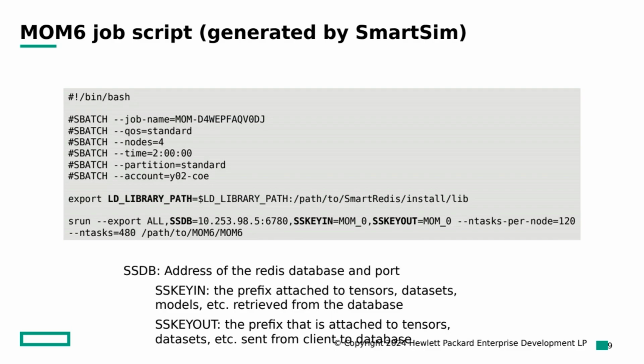And then these environment variables here, so you have the SmartSim database address, which specifies the address and port of your Redis database. And then these SS key variables, these are the prefixes that get attached to the tensors and datasets, which helps them when they're being transferred between the database and the client.